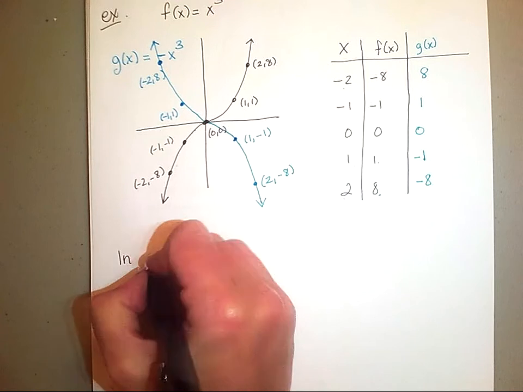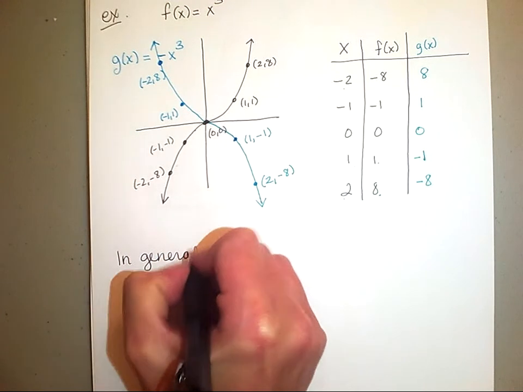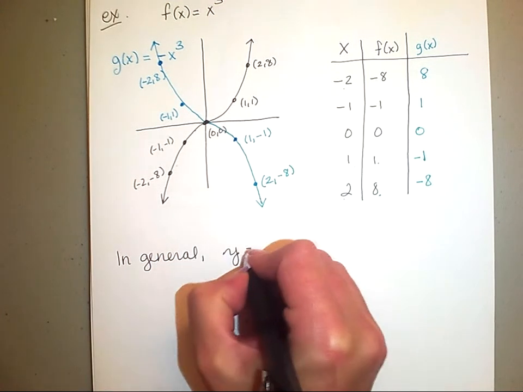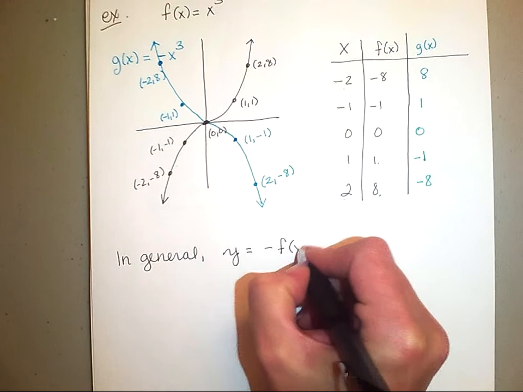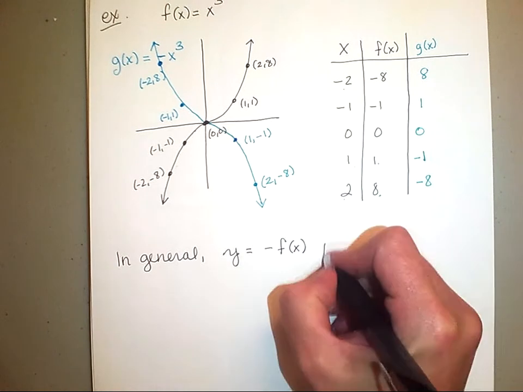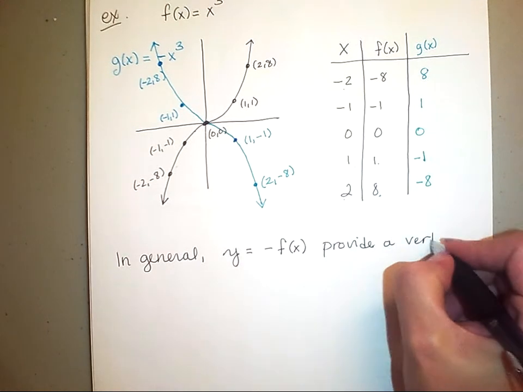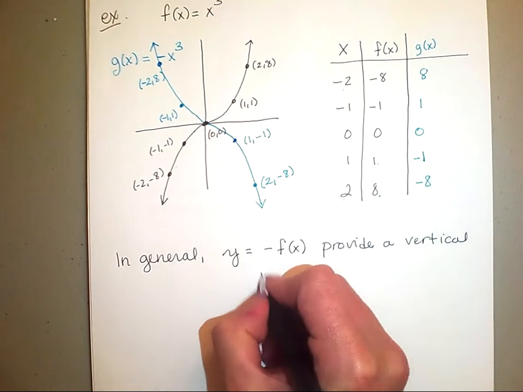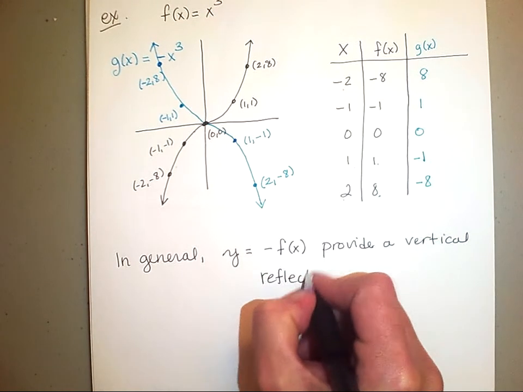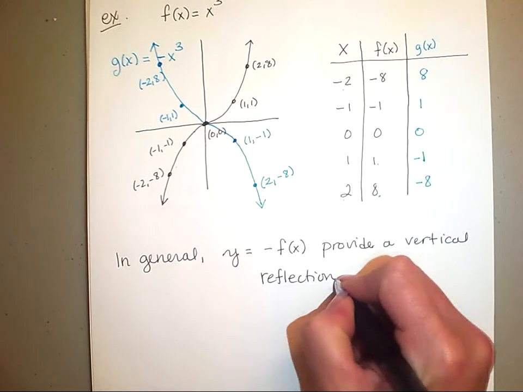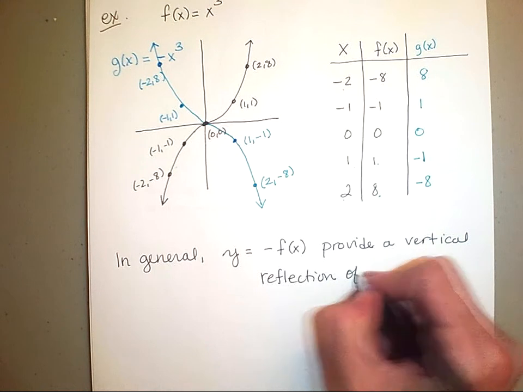So in general, if we have some y that's equal to the negative of our parent function, what this will do is provide a vertical reflection. Okay, reflection is also a flip of the graph.